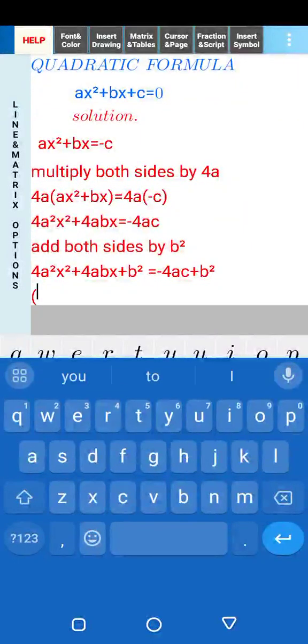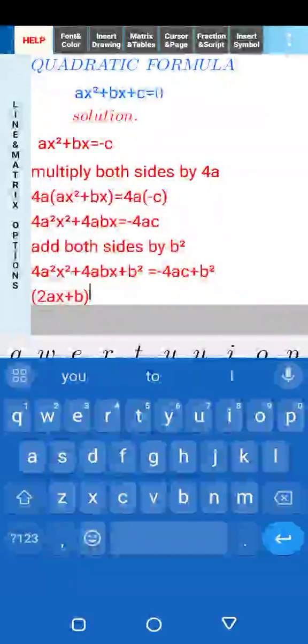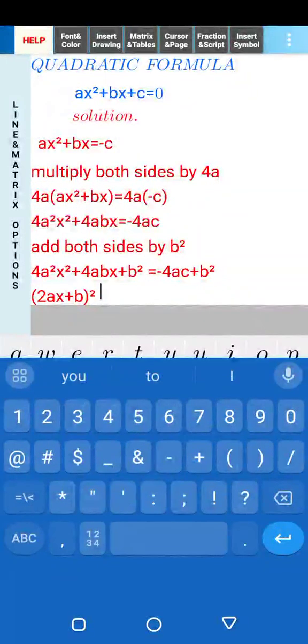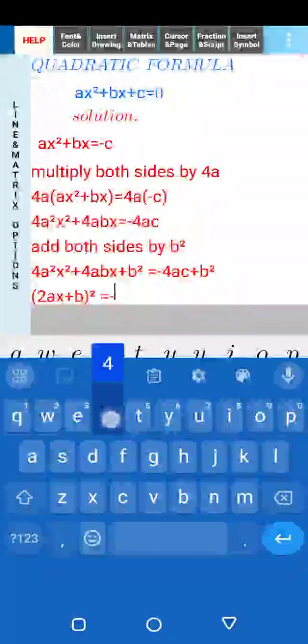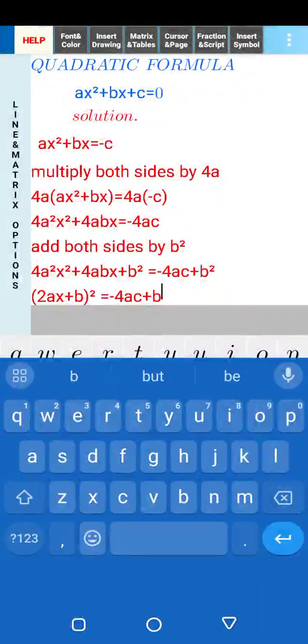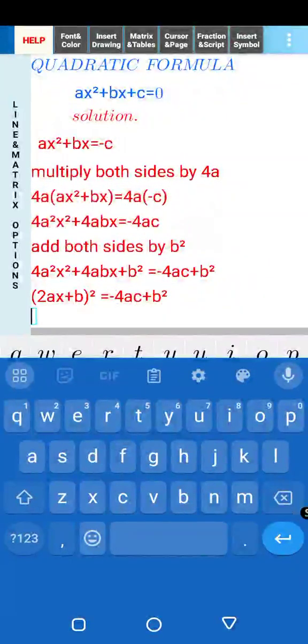It will give us the bracket of 2ax plus b, close bracket, then squared. So the left hand side is (2ax plus b) squared, which is equal to minus 4ac, which will not change, plus our b squared. So you see how we arrive at this step.